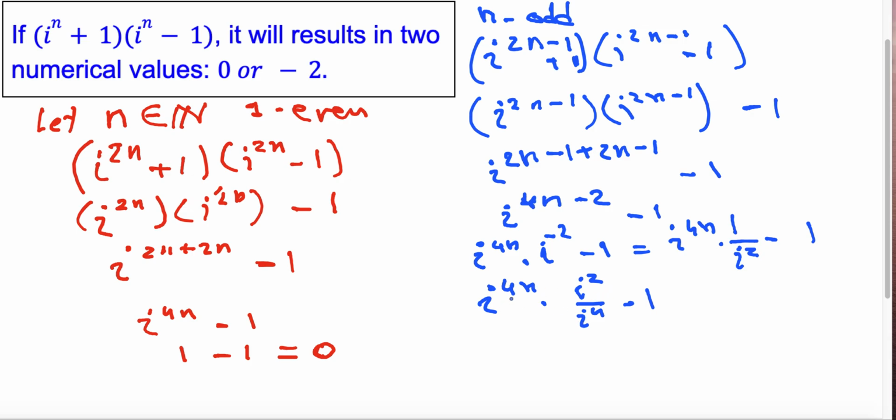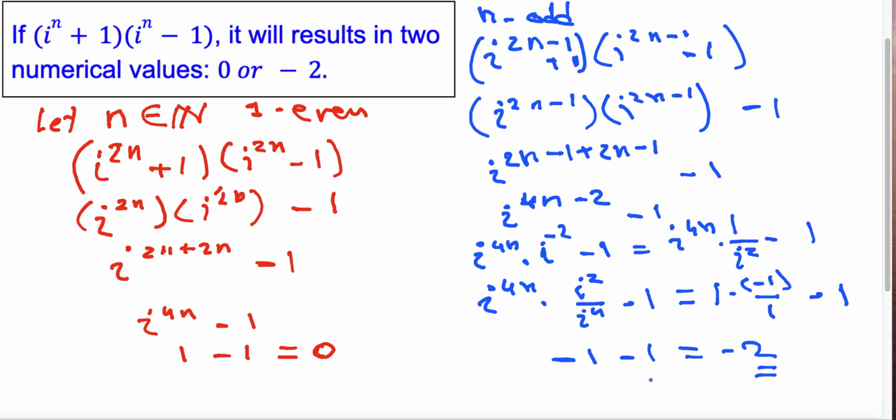And what do we get here? i^(4n) is going to be 1, as I mentioned before, because it's a multiple of 4, is 1, times i squared is a minus 1, and i^4 is 1, and minus 1. And now 1 times minus 1 divided by 1 is a minus 1. Minus 1 is minus 2.